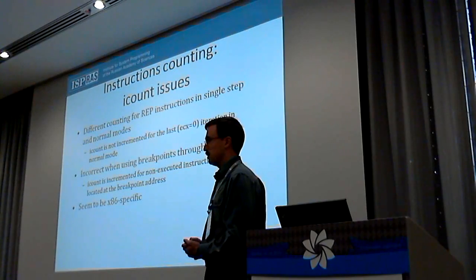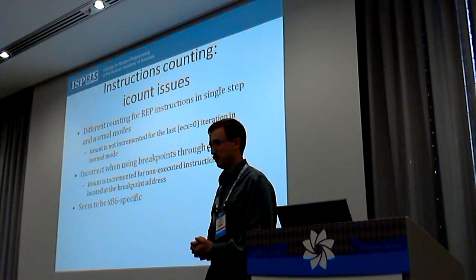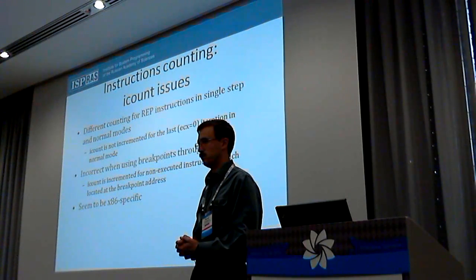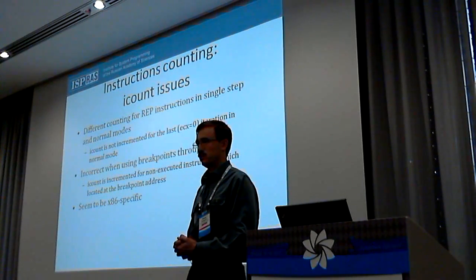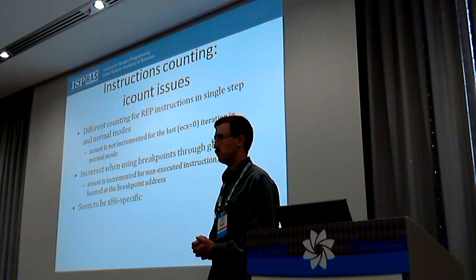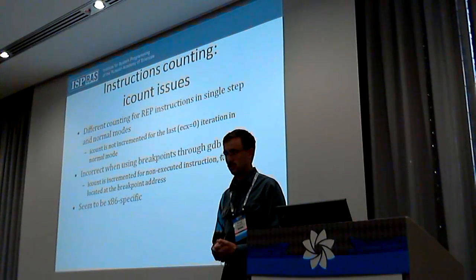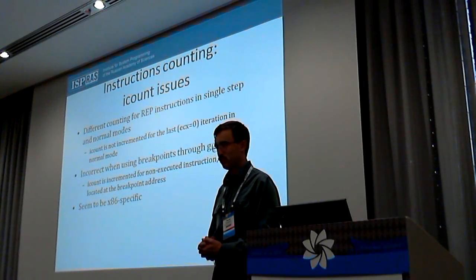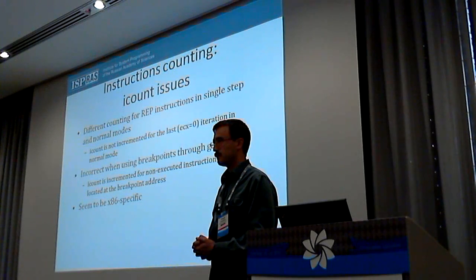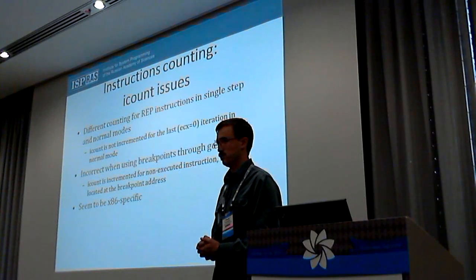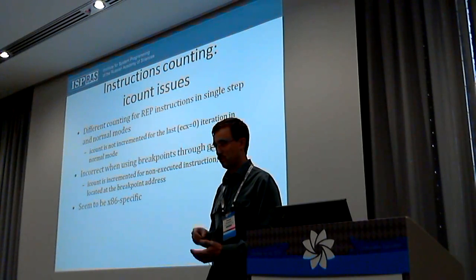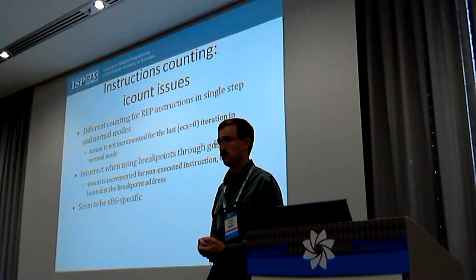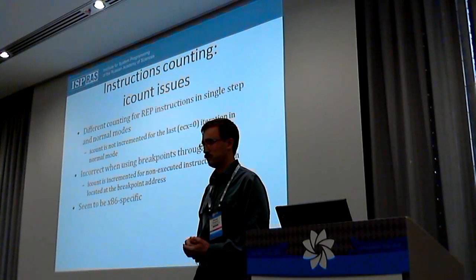The first one is that block instructions for Intel are not working correctly in the single-step mode. The second one is that a breakpoint set through GDB also leads to incorrect instruction counting.